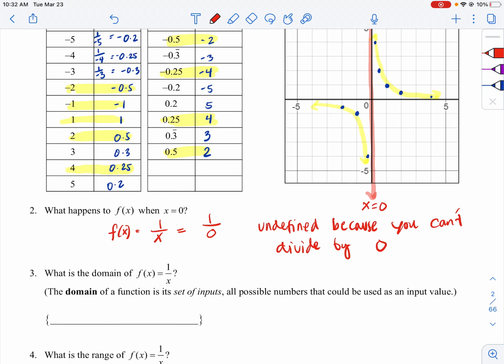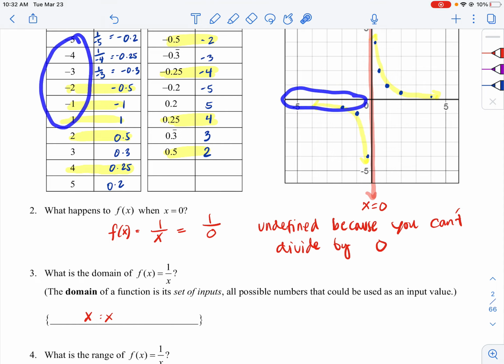What is the domain of f of x equals 1 over x? The domain of a function is the set of inputs, all possible numbers that could be used as an input value. It looks like we can use all the values here: we have positive x values and negative x values.